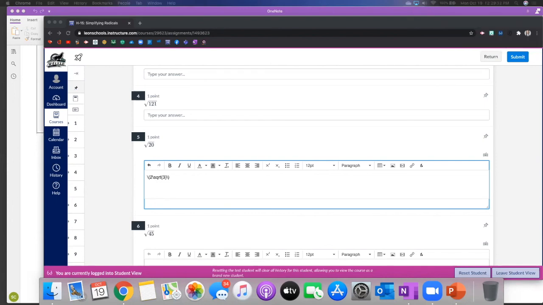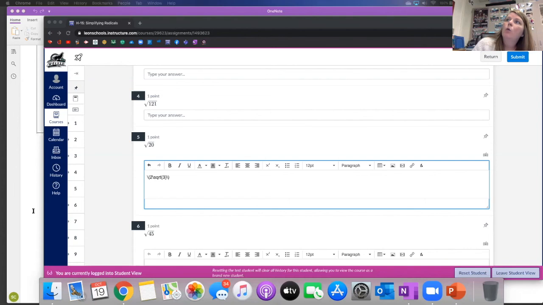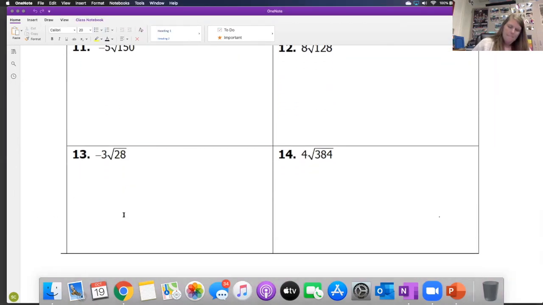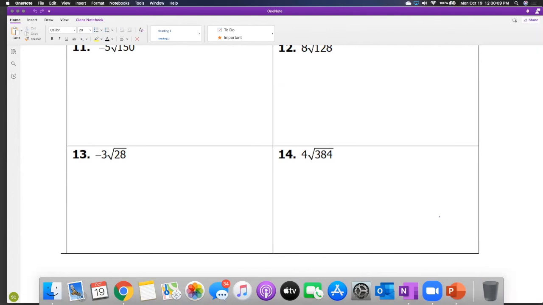Yes, Bryce, for number 13, can you tell me why -12 times... it might be helpful if I write. Let me pull that back up on my screen. Okay, so what was the biggest perfect square you found for 28 that goes into 28? 16?